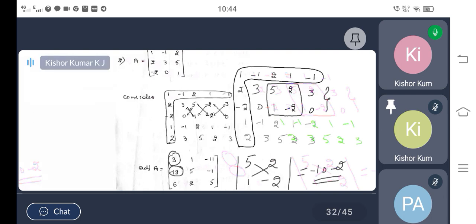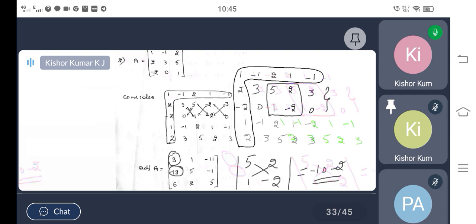So after the multiplication of this, now I have to take the next 4 elements. S2 3 S2 0. Now evaluate the determinant. 2 into 0 is 0. 3 into minus 2 is minus 6.